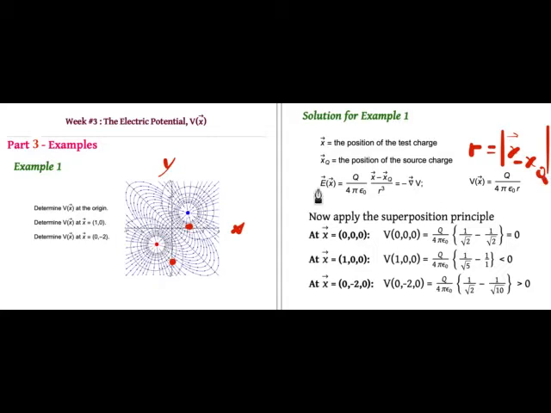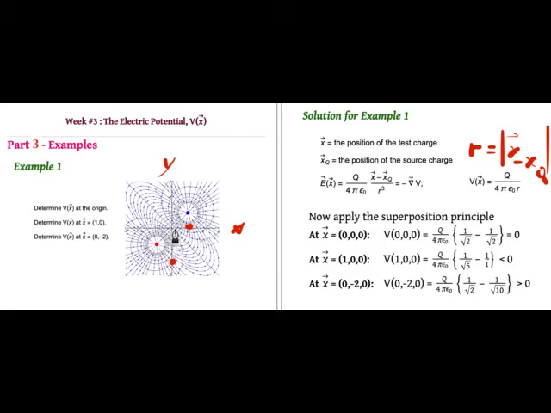So, let's start with the point 0, 0, 0. Well, there are two contributions. I have to have the superposition of the potential due to the first charge plus the potential due to the second charge. Now, these are equal and opposite charges, so we'll have a factor q over 4 pi epsilon 0, and then 1 over the distance.